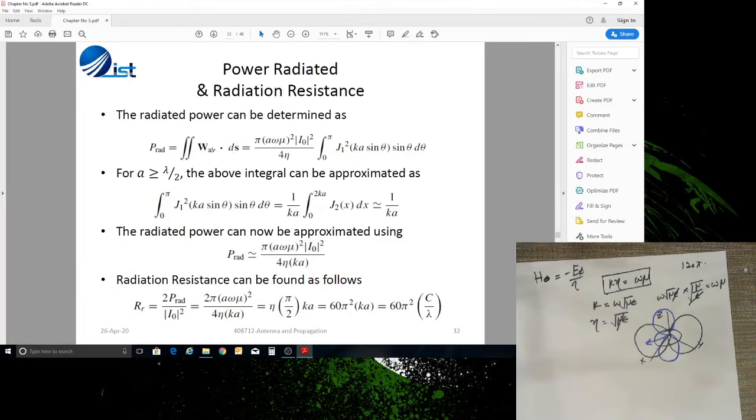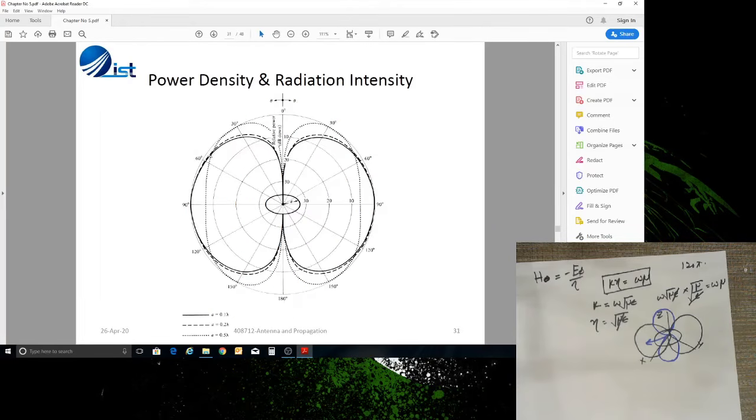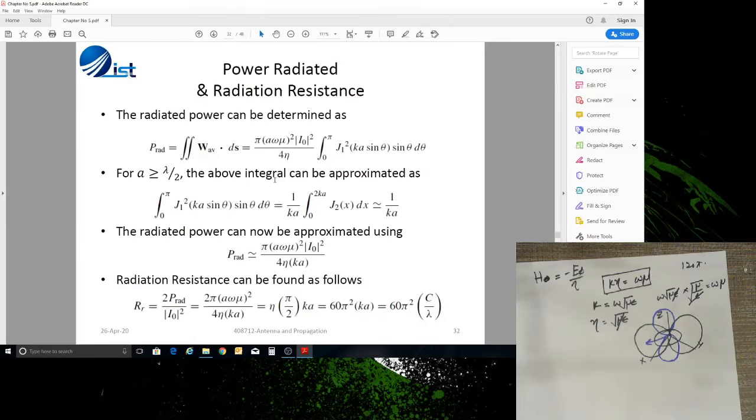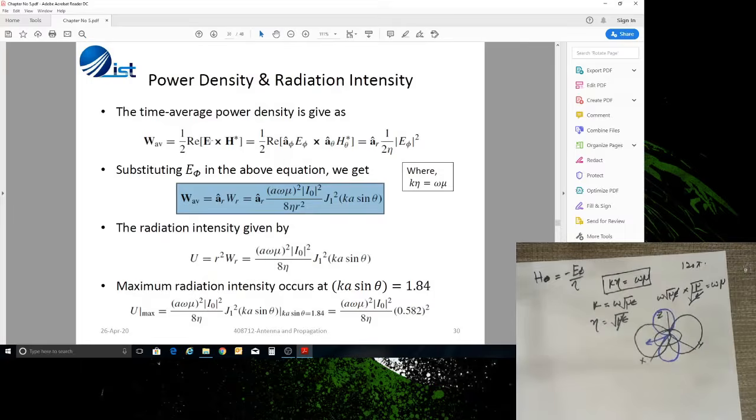We have already seen this expression in chapter number 2 as well. So all we need to do is substitute this average power density expression over here. Just a quick discussion about this.